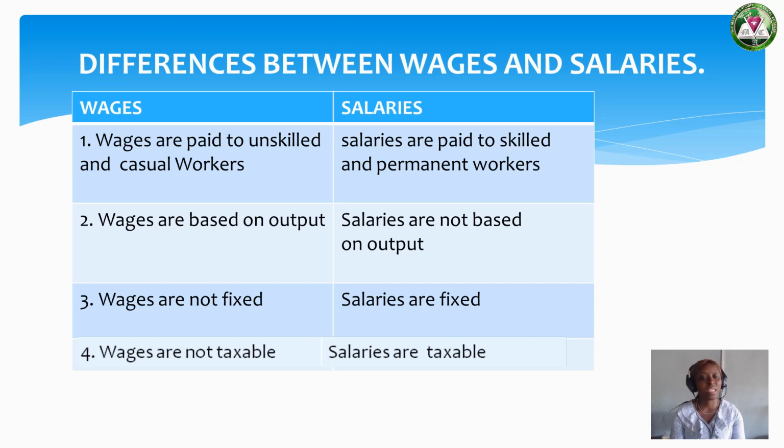But salaries are fixed. At the end of the month, you may receive 50,000 naira, next month 50,000 naira, until the organization may increase your salary. From time to time, you receive the same amount because it is fixed. Then wages are not taxable, while salaries are taxable.